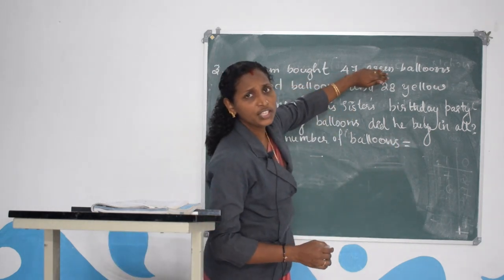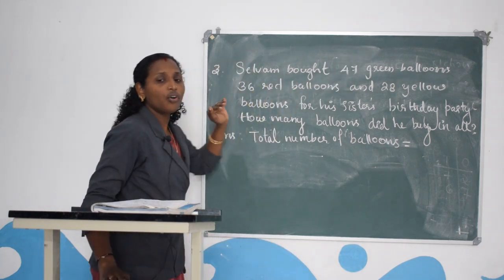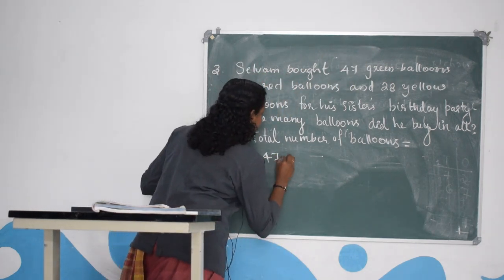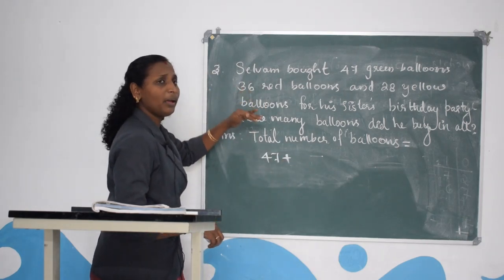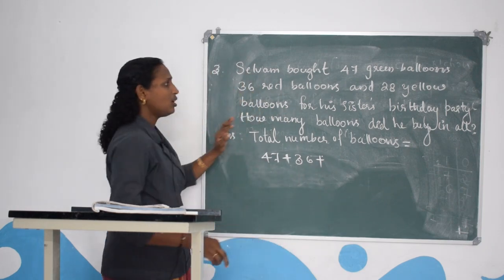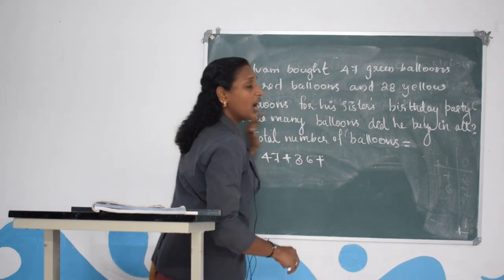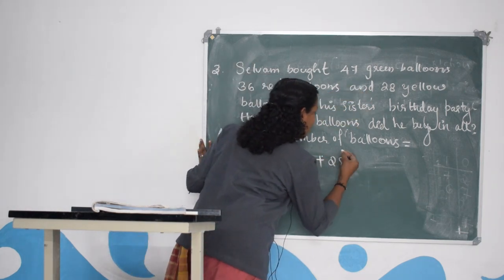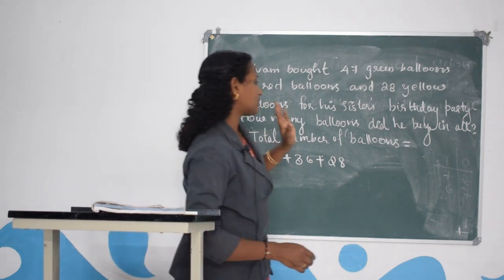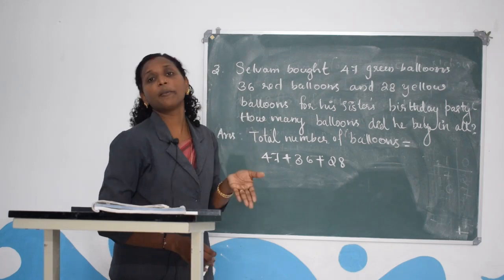So look at the question. How many green balloons? It has 47 green balloons. How many red balloons? It has 36 red balloons. How many yellow balloons? It has 28 yellow balloons. That means to find the sum.